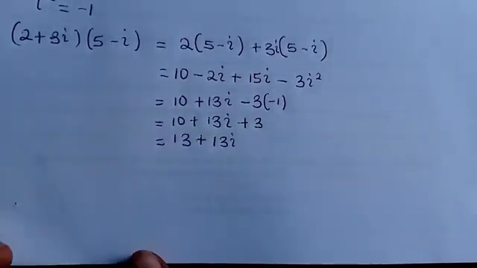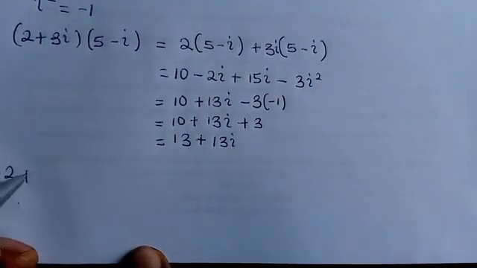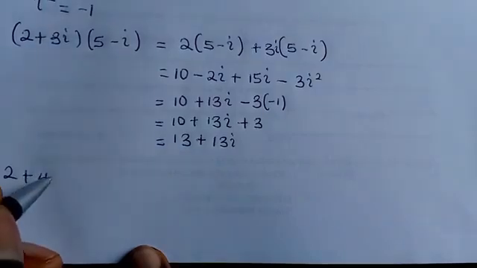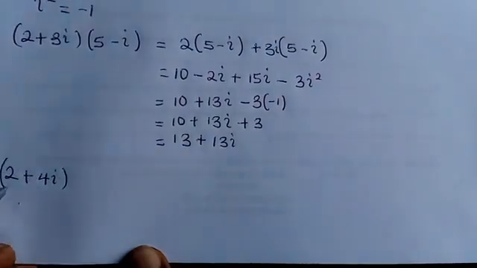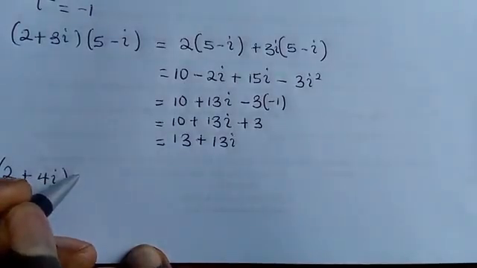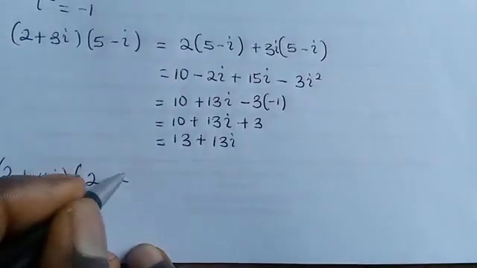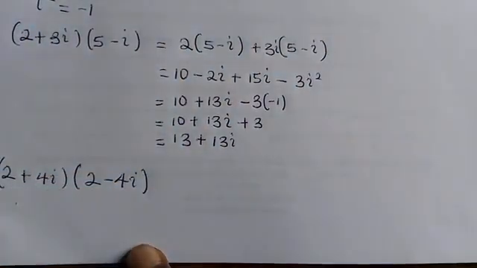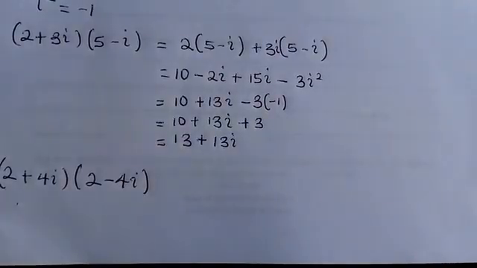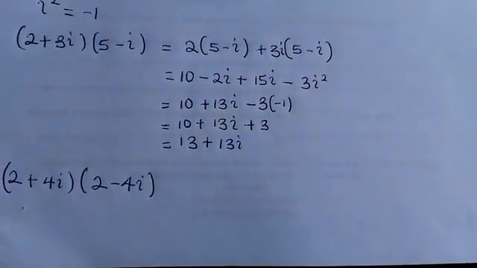The second example we have here is 2 plus 4i multiplying 2 minus 4i. So when we have these two complex numbers multiplying themselves, what will be the result?